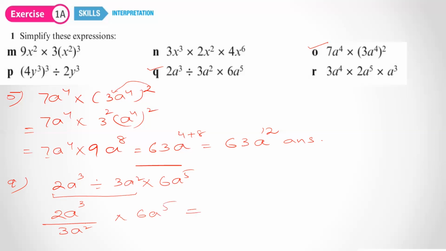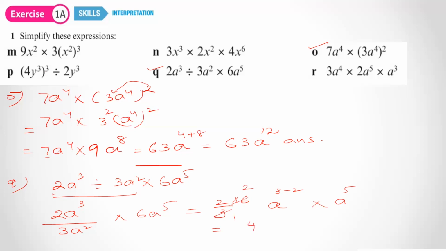Okay. So here 2 divided by 3 will stay as separate, but it will be here, 6 will be here, okay? So we know a power 3 minus 2, times a power 5. So 3 times 1 is 3, 3 times 2 is 6, it will become 4, okay?